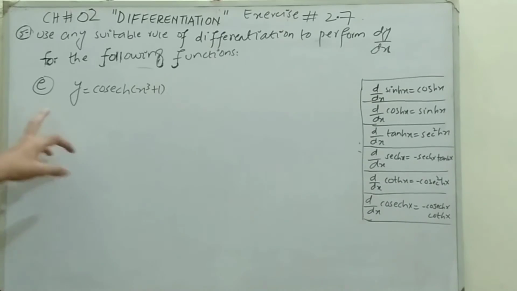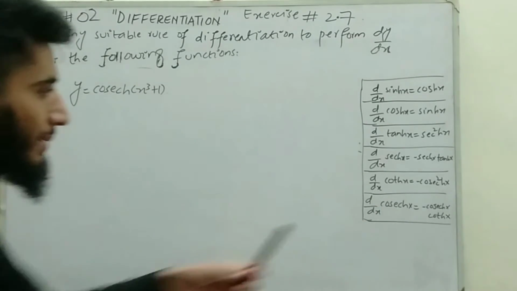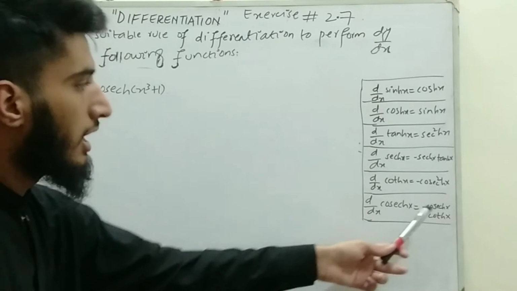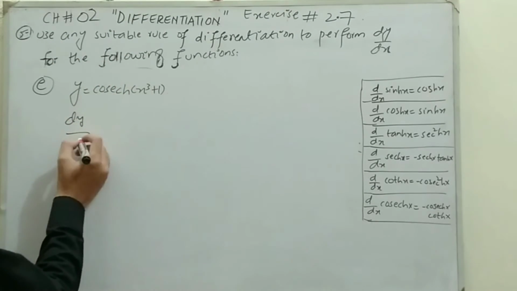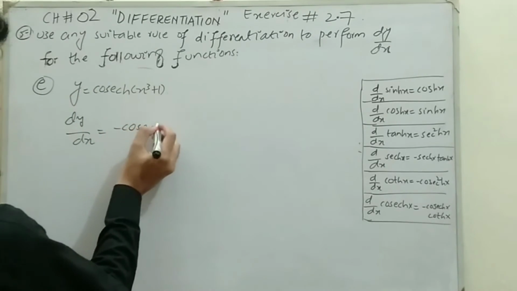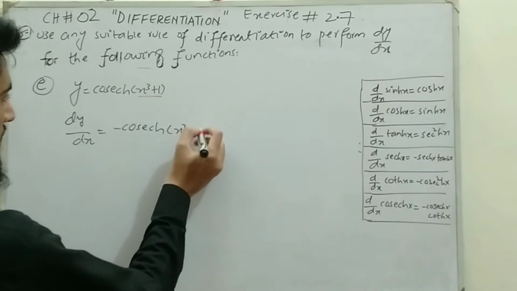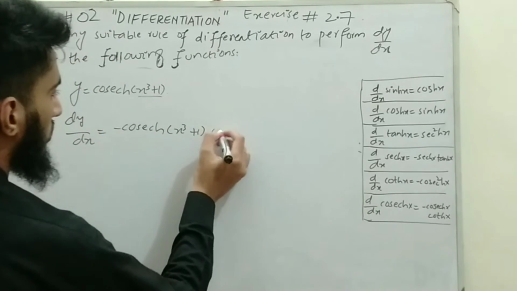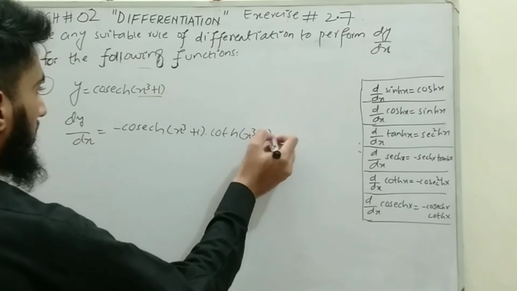Now move to part number E. It tells that y is equal to cosech of x^3 + 1. Find the derivative of this function. Remember, the derivative of cosech x is minus cosech x coth x. So dy by dx will be minus cosech of x^3 + 1 and coth of x^3 + 1.